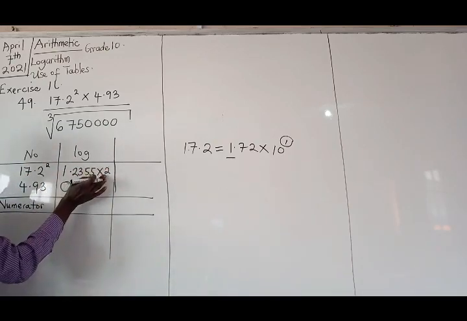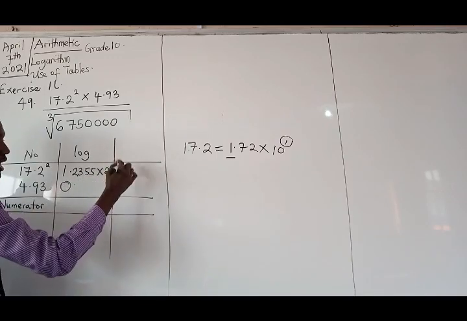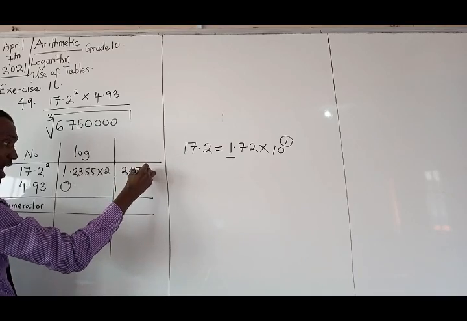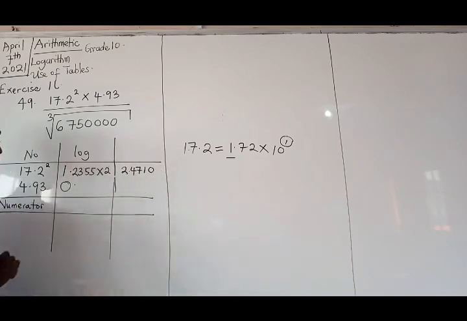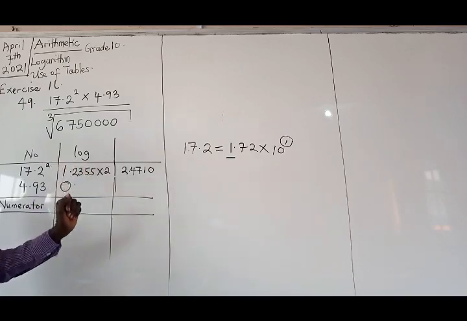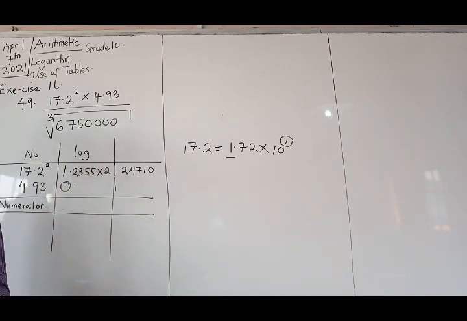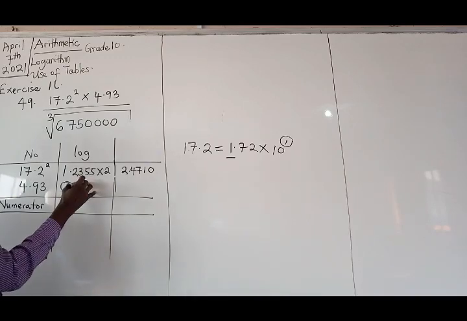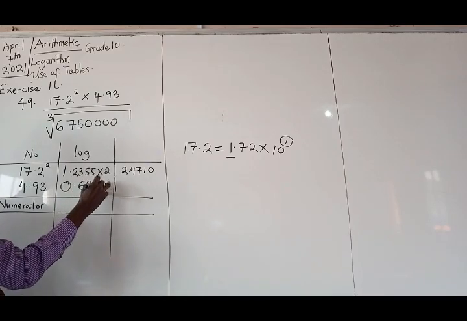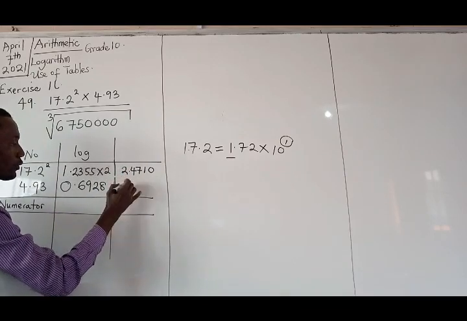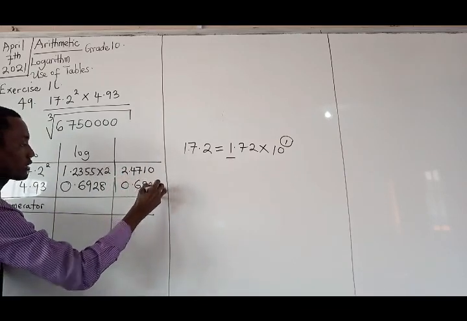Now, when you multiply with 2, you transfer your answer this way, and that will give you 2.4710. Please confirm that. And then 49 under 3 will give you what? 6928. You transfer this way to 0.6928.